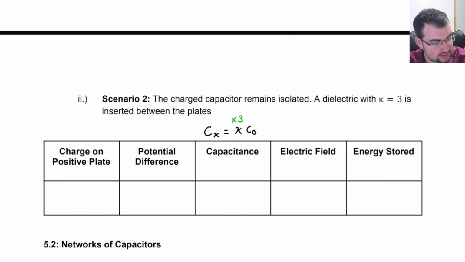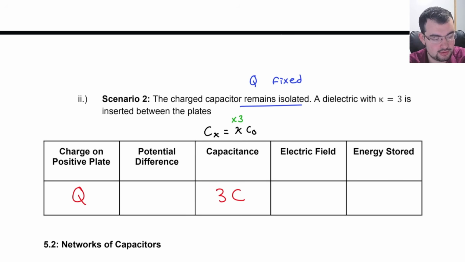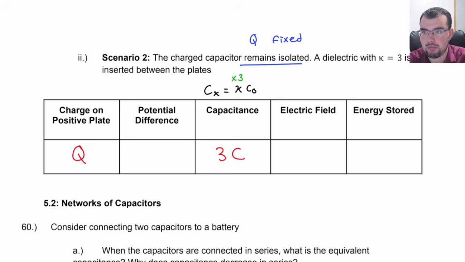But we are given that this capacitor remains isolated. So the most direct constraint tells us that Q is fixed. So I know I have constant charge, but I have triple the capacitance. So what does that mean?